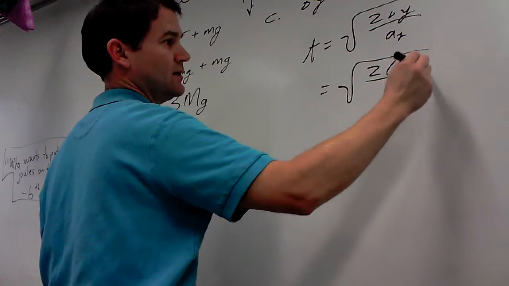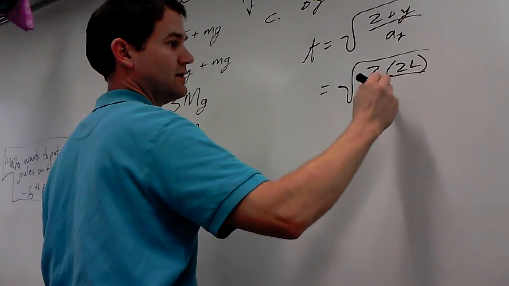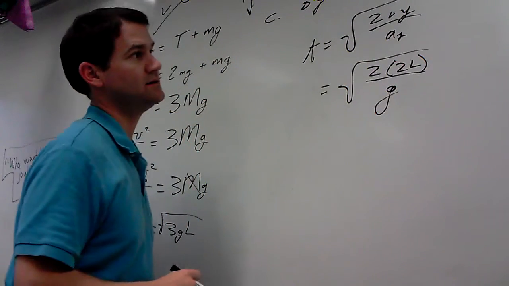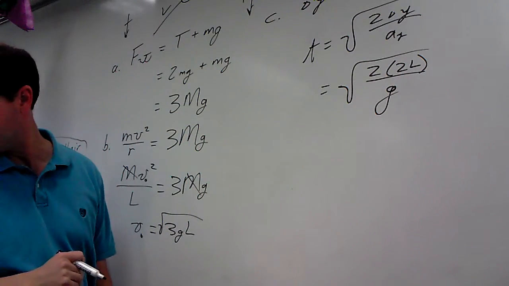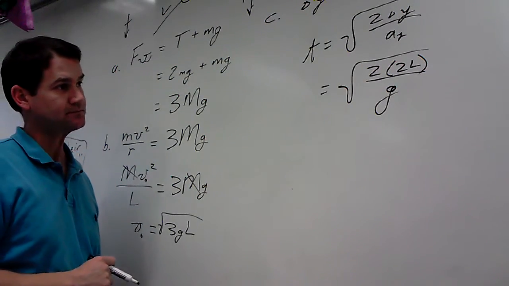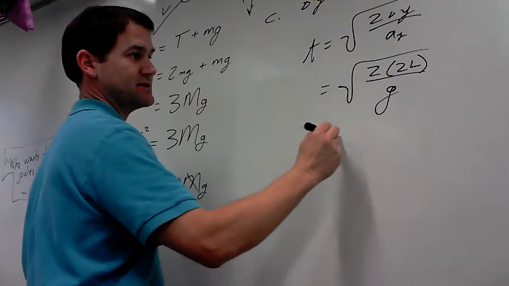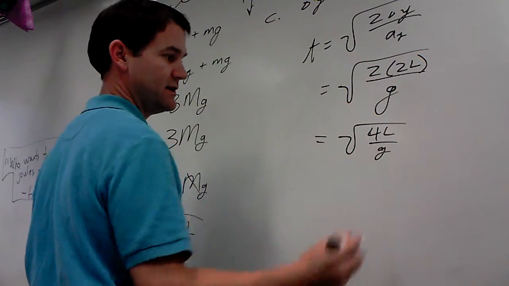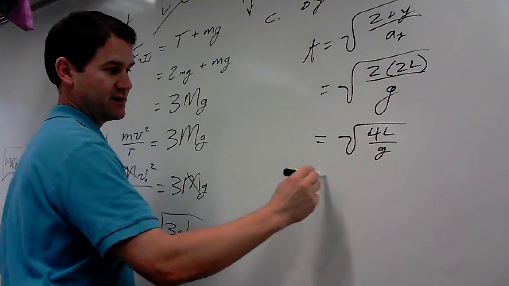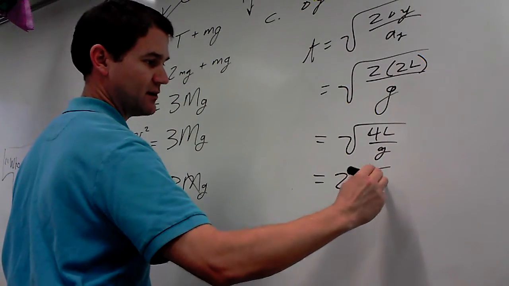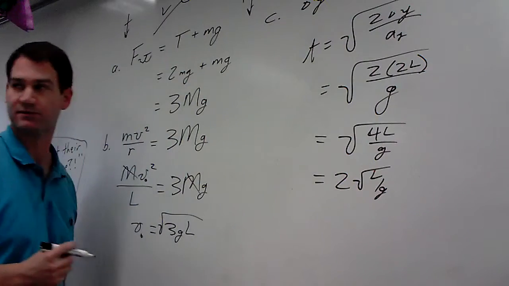From the top to the bottom is 2 L's. So it's the square root of 4L over G, which I could pull out the 4 and make it 2 times the square root of big L over G. Do we need to simplify that?